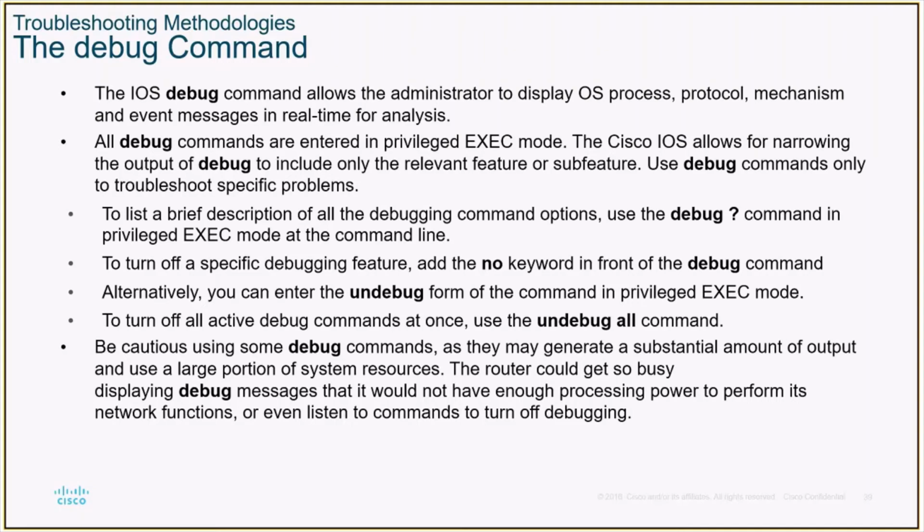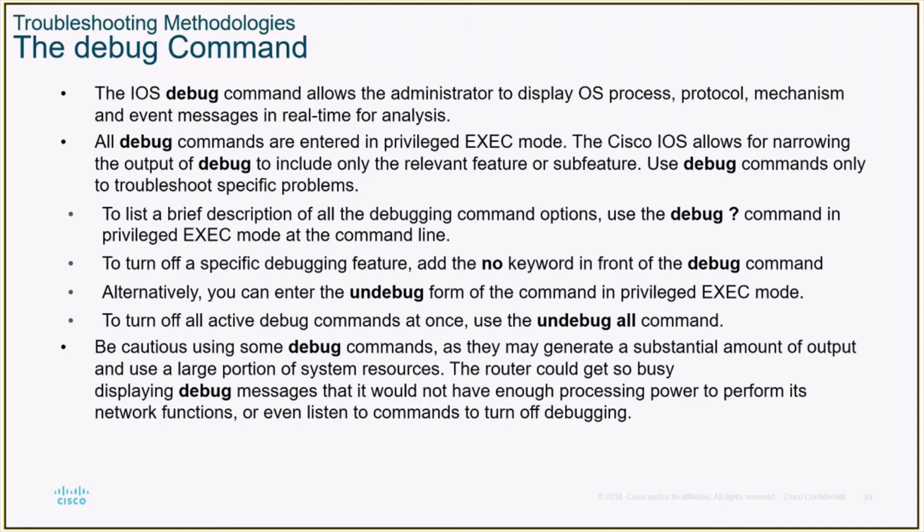You can't do it through user exec. Cisco OS allows for narrowing the output of debug to include only the relevant feature or sub-feature. You should only use debug for troubleshooting specific problems because it actually uses resources on the device. And if it's using the resources for that, it's not using it for forwarding people's data.